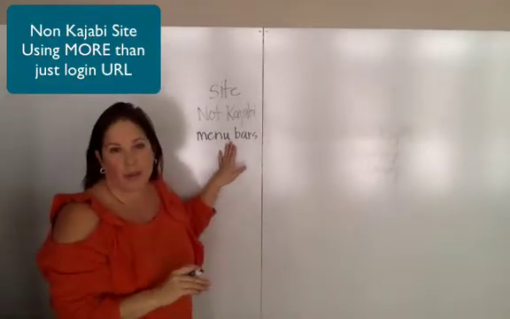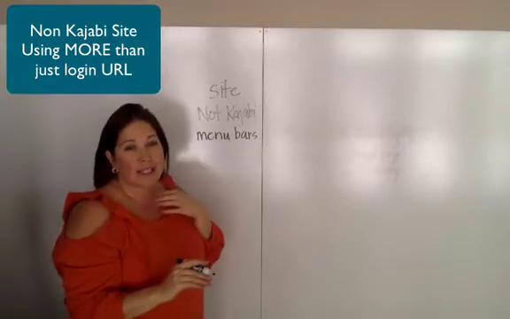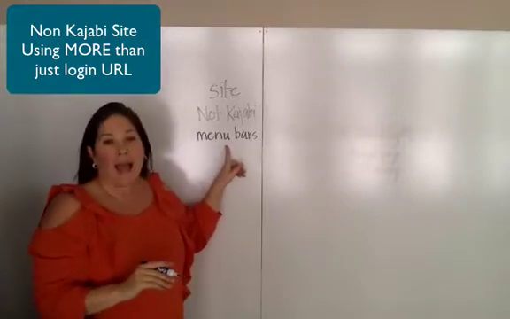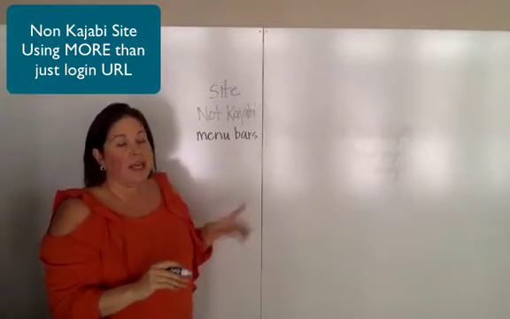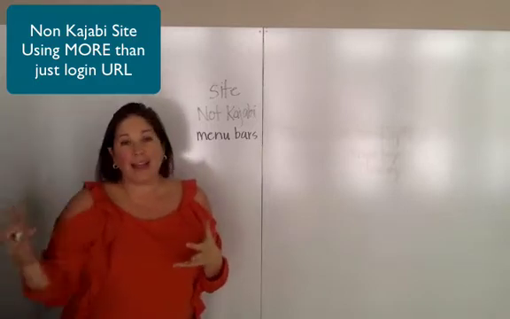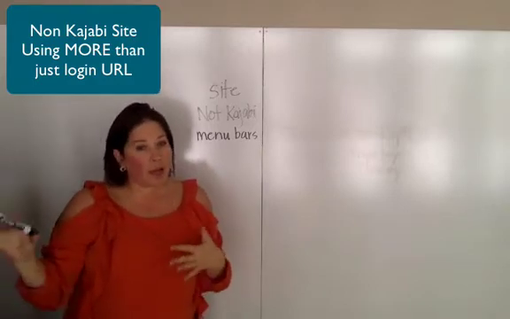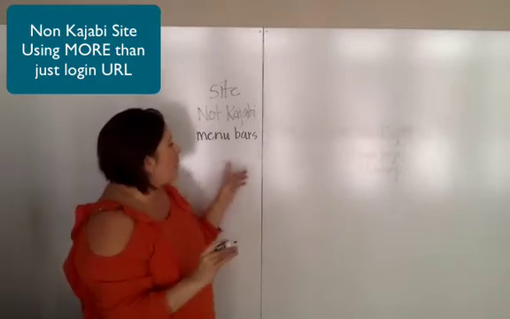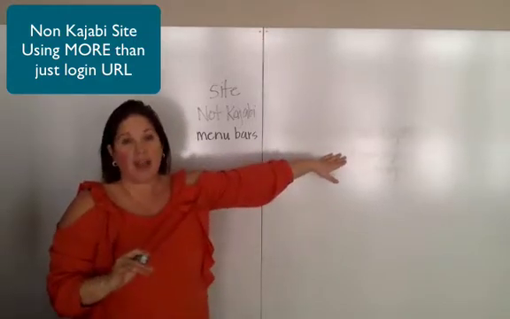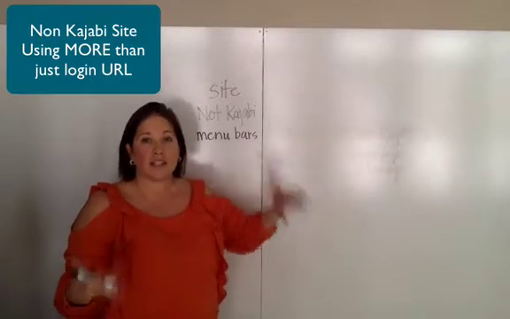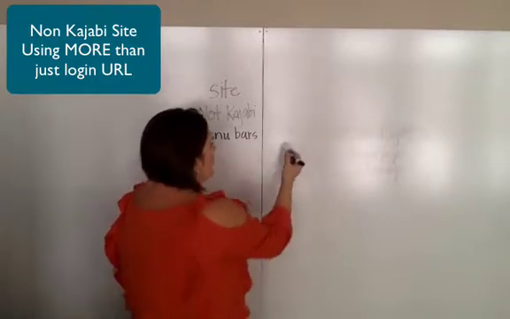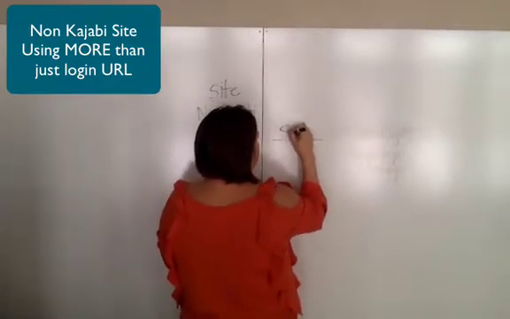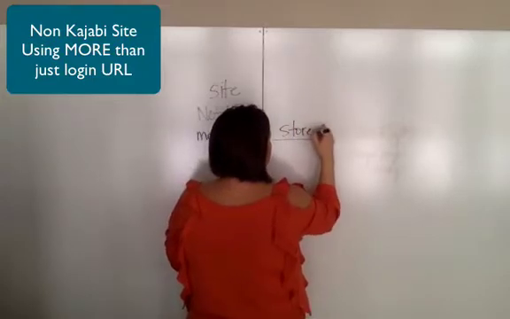Now, one of the main reasons that you might want to have the non-Kajabi website is because you've had it. It's up, it's running, you have a blog over there, you have your store over there, perfect. But you want to use some more features outside of just the library. So here on your menu bar, maybe you want to use Kajabi to sell.